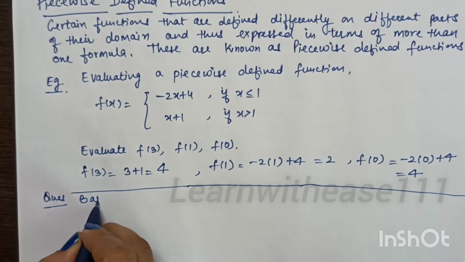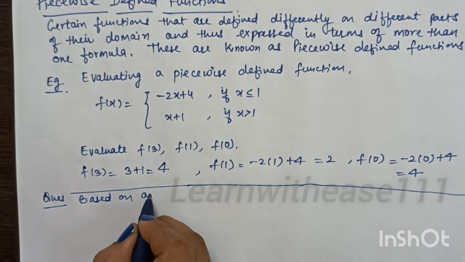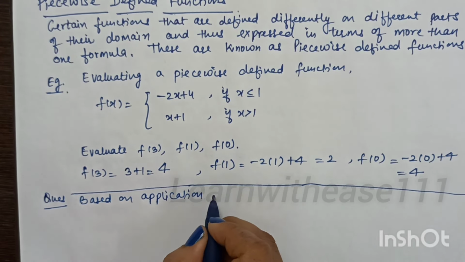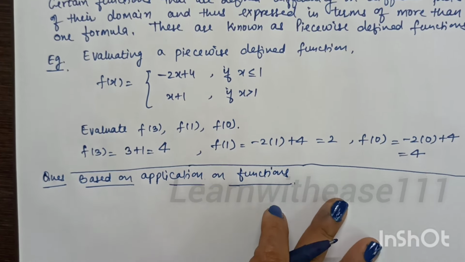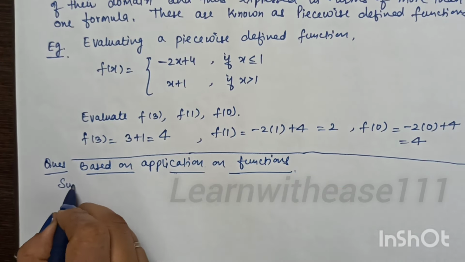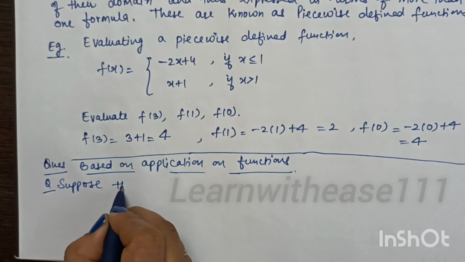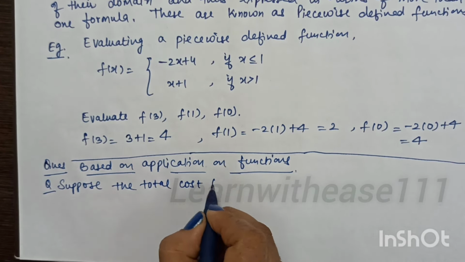Next we are discussing some statement questions which are basically the application of functions, or you can say functional notations. So questions of this kind are in terms of statements.